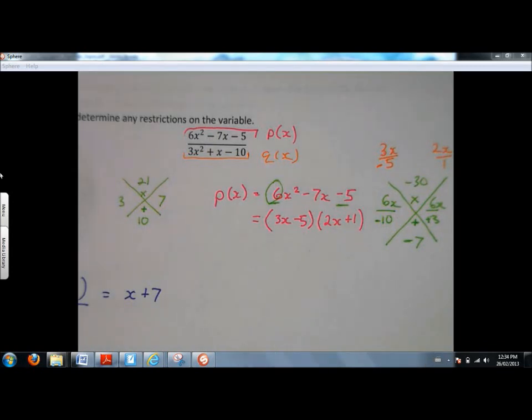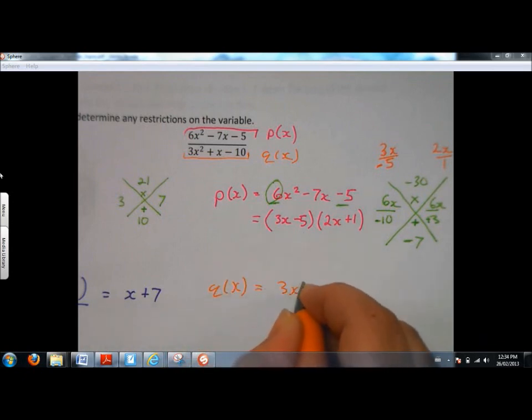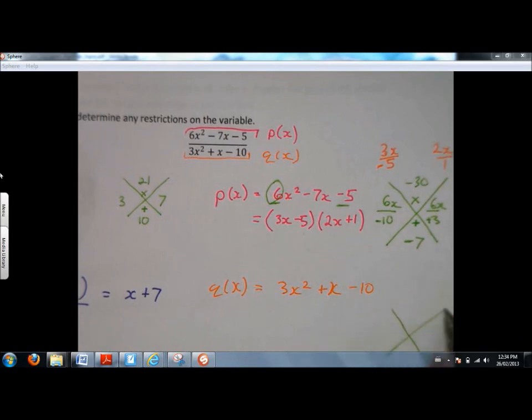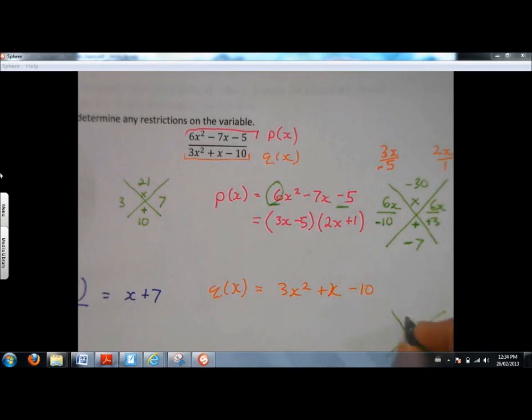Let's do q. Q of x is 3x squared plus x minus 10. Sorry about that. So I'm looking for 2 numbers that multiply to negative 30 again. So this time they've got to add to positive 1.